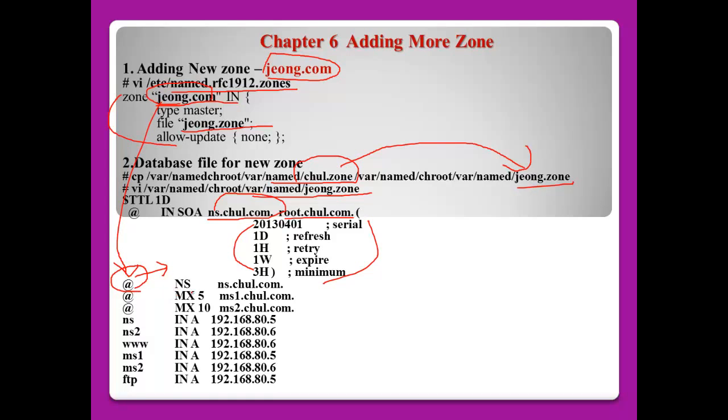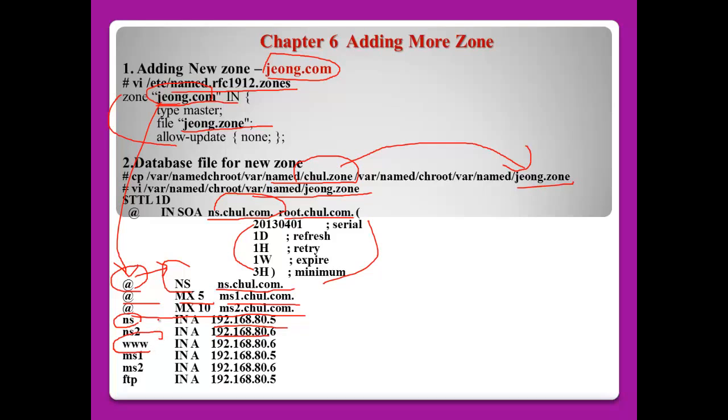For jong.com, the name server is ns.chol.com. For jong.com, the mail server is ms.chol.com. This one is the same. And here ns means ns.chol.com will be this IP address, this one.